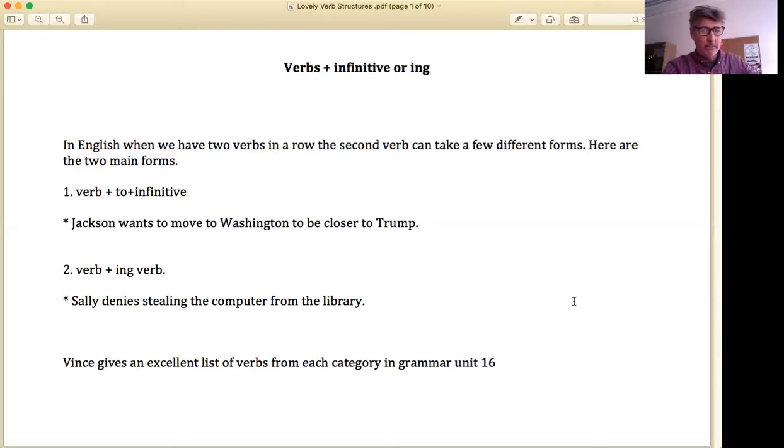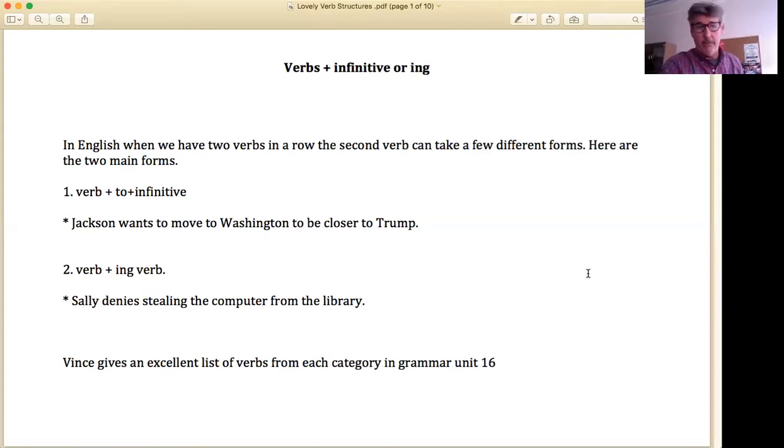Again, Vence gives us a great list of those in the unit, which I want to expose you to from the very beginning. Something very useful is on the third page of the description. I really recommend looking at this list and going over the details on this page.